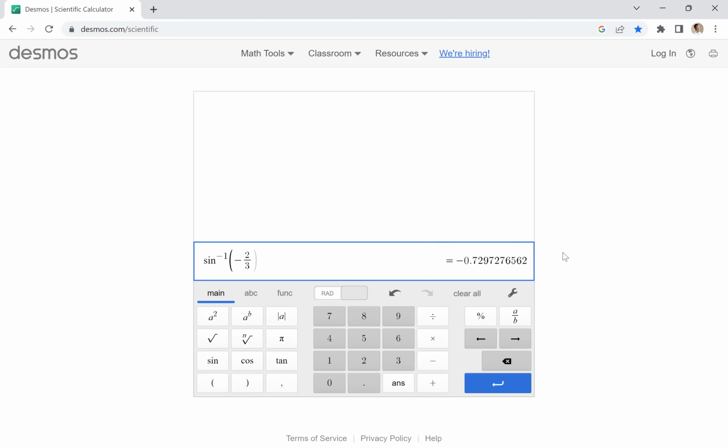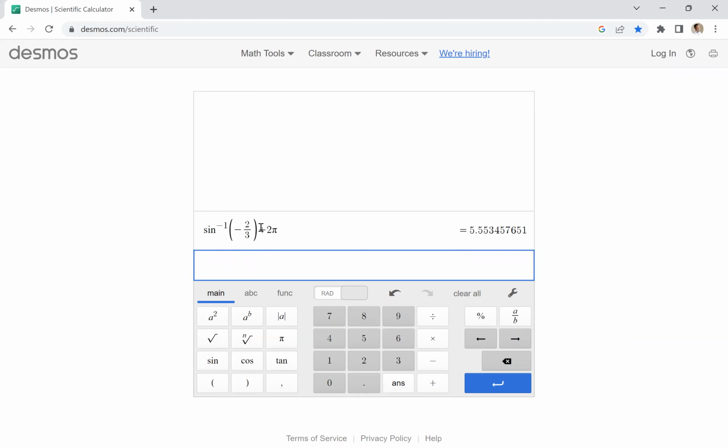We know sine is negative in the third and the fourth quadrant. Well, there is a negative angle, and that's in the fourth quadrant. We want to make it into a positive angle. So in order to do that, we can add 2 pi.